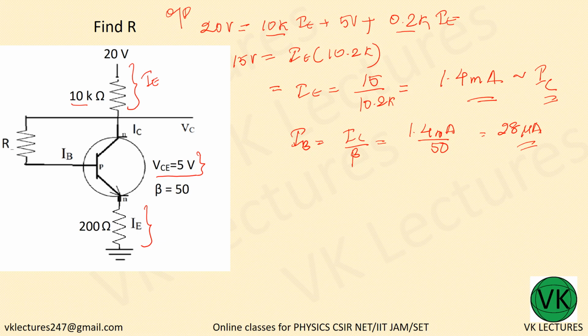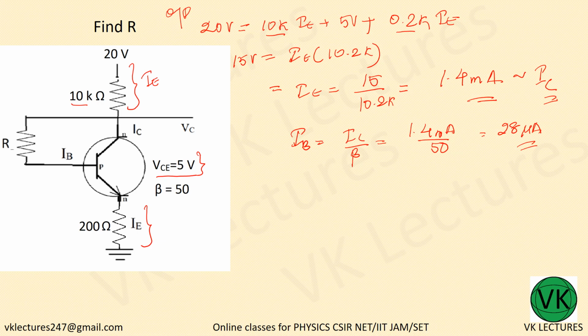So IB value also you got, IC value we got. Okay, this is the maximum IB. Actually this is not IC, this is actually IE, the maximum current. But we are approximating it to IE and we are getting the IB value.